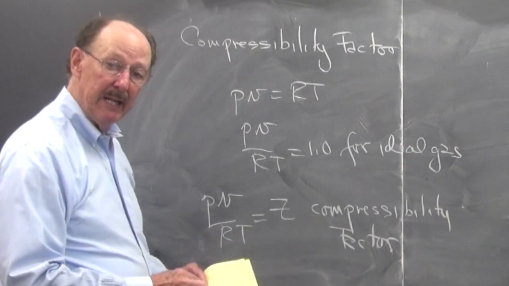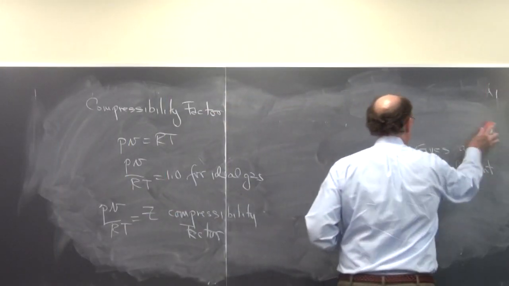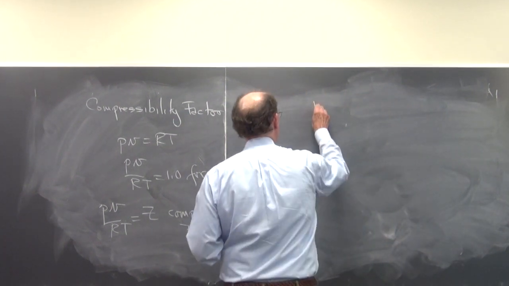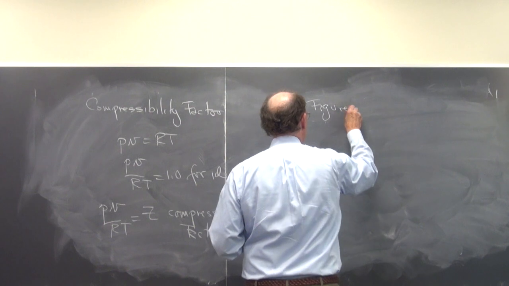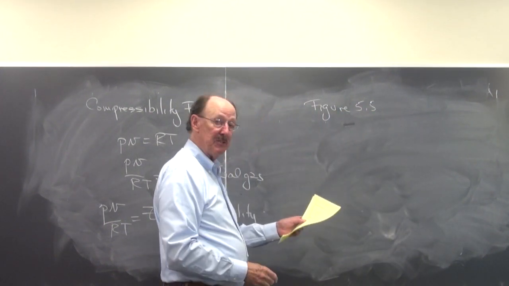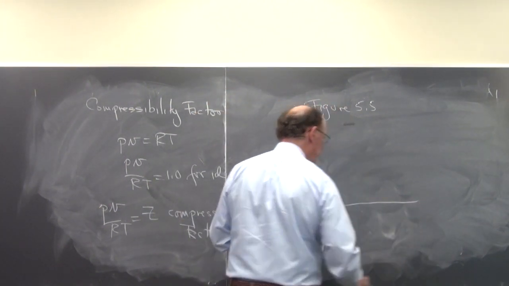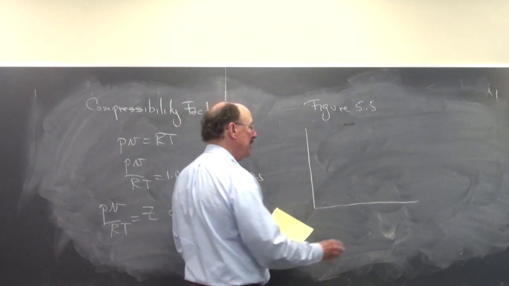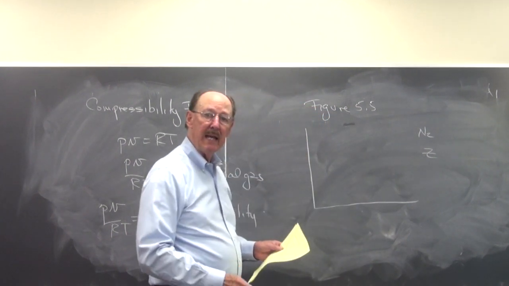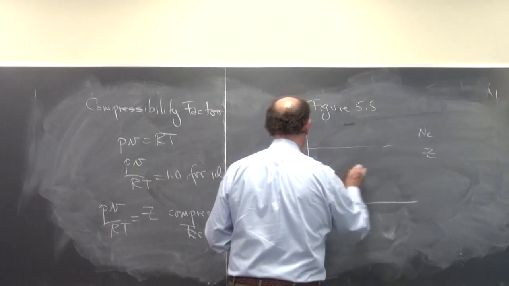So if I look at figure 5.5, and my drawing is not as good as the one in the text. This looks at the compressibility factor for nitrogen, and we're looking at Z. I'll have Z here of 1.0.